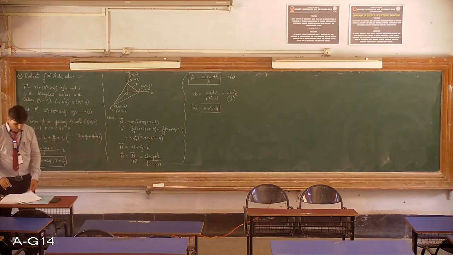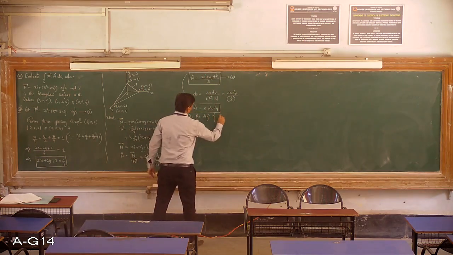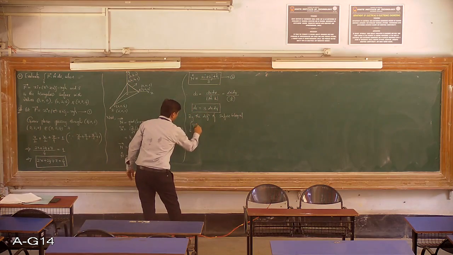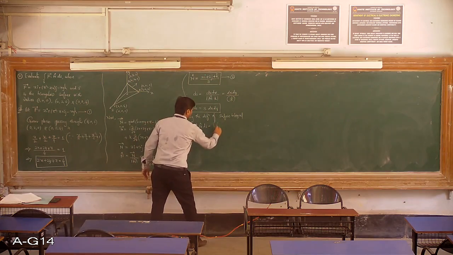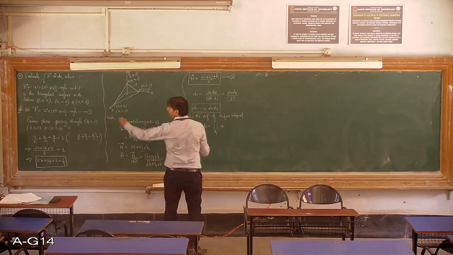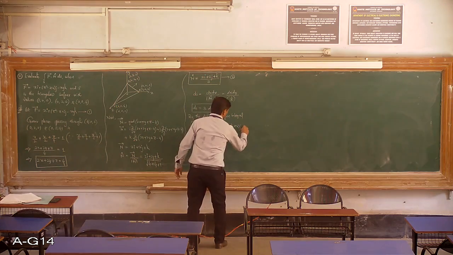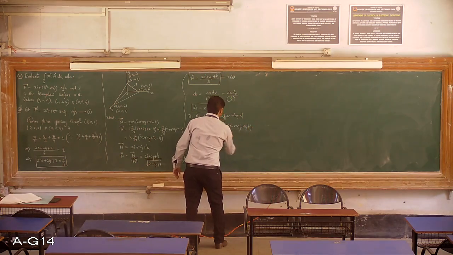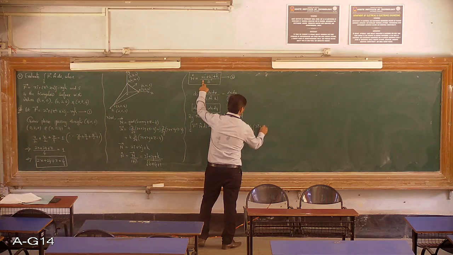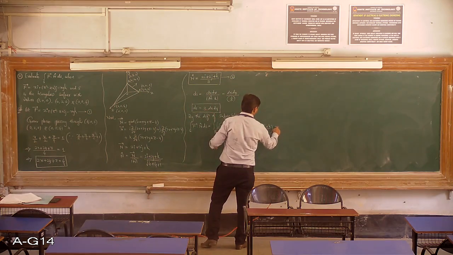Now next I'll go to the surface integral. By the definition of the surface integral, the integration over the surface of F dot n cap dS is equal to the double integration over a region R. F is x i plus (z squared minus zx) j minus xy k, dot n cap, which is (2i + 2j + k) divided by 3, into dS, which is 3 dx dy.